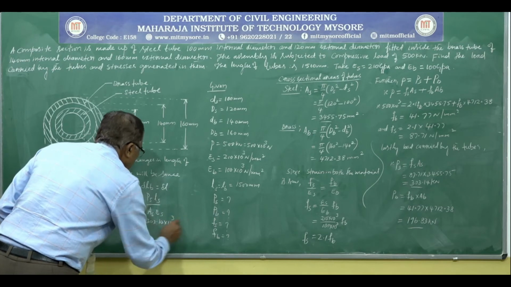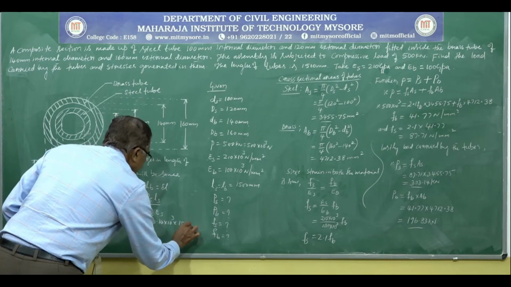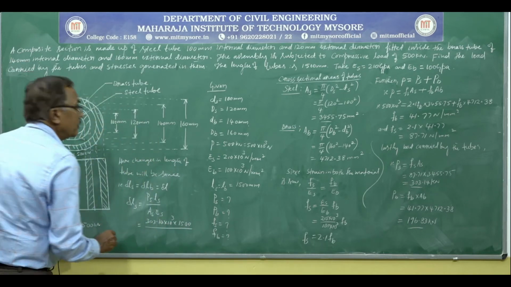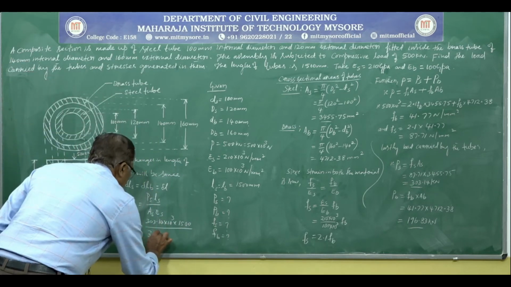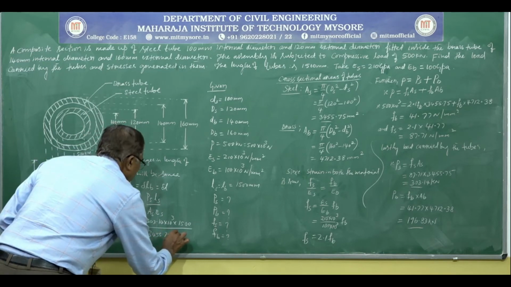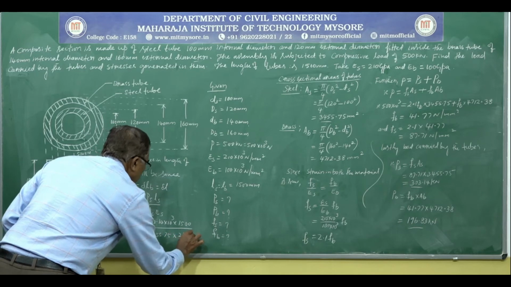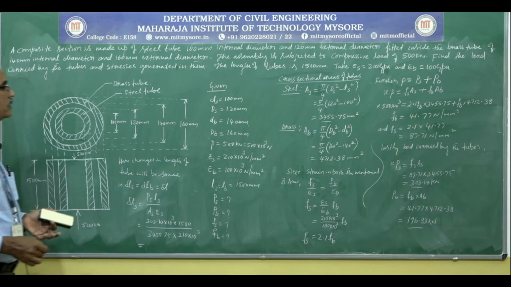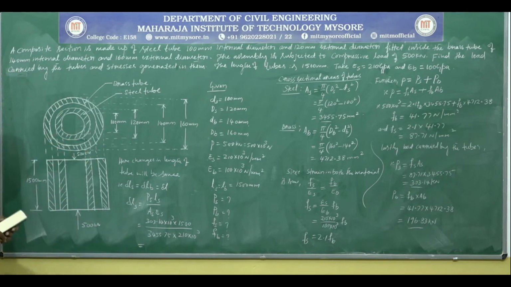Ls means length of both the tubes will be same, 1500, divided by area of steel 3455.75, and Young's modulus of steel is 210 into 10 power 3. Solving this will get change in length. We will get the same change in length even if you substitute for brass.